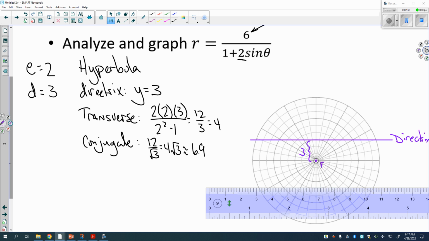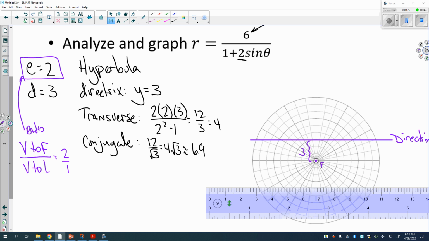Now, I know this has a distance of 3. And I know that E, that's a ratio. That's the ratio of the hyperbola. What I'm going to do specifically is the vertex to the focus over the vertex to the directrix. And I know that's a 2 to 1.